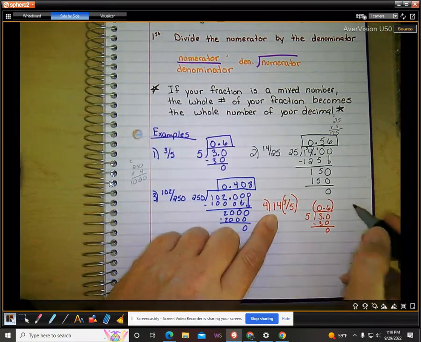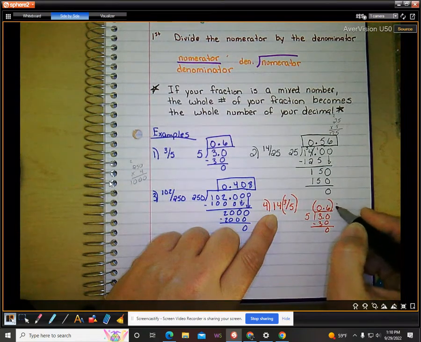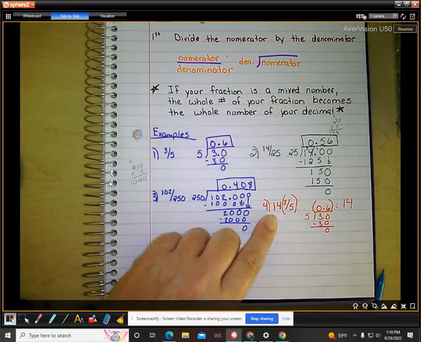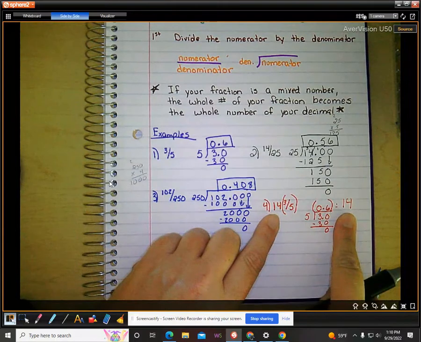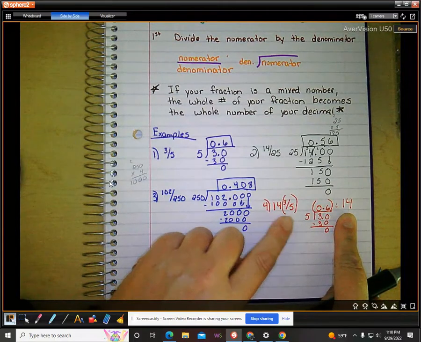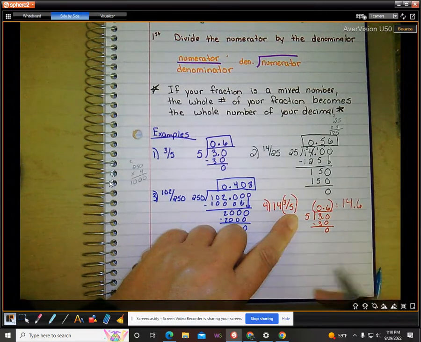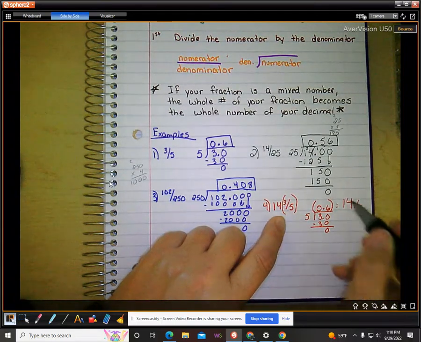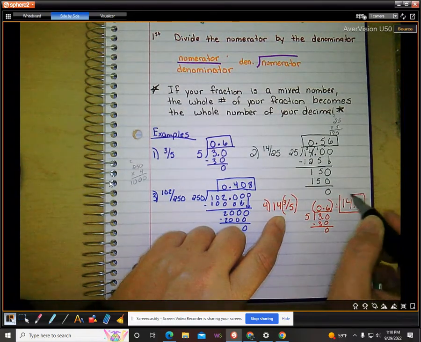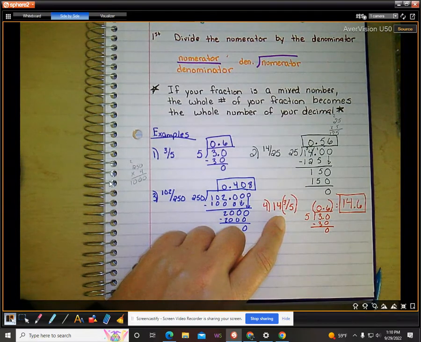So 14 3/5 would be 14. That stays the same. Your whole number, you don't do anything with it. Then you change your fraction to a decimal, which was 6/10. So 14 3/5 is the same as 14.6. Okay? Questions about that?